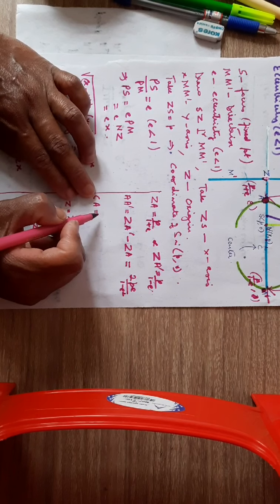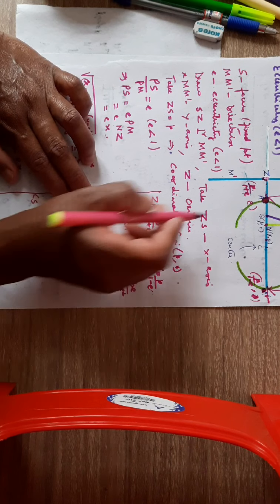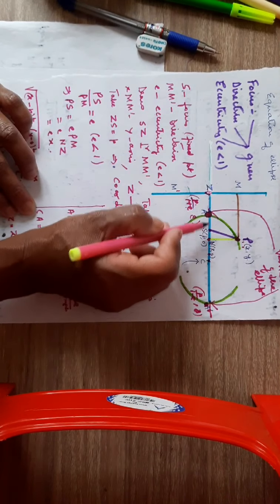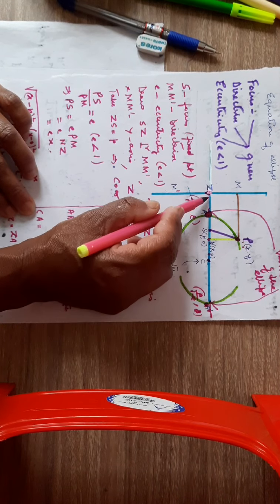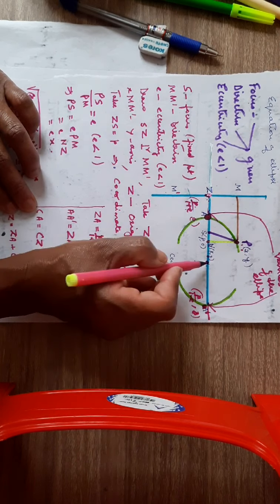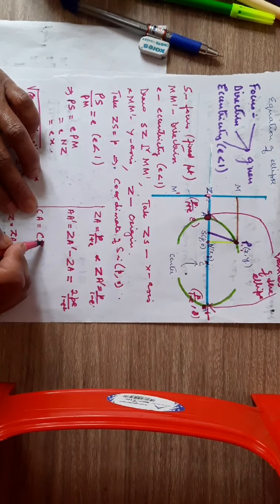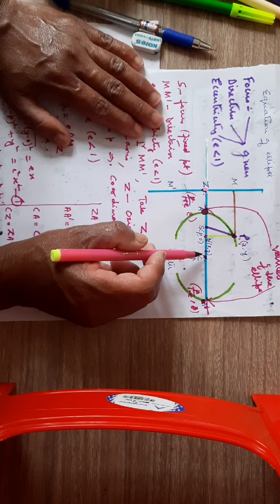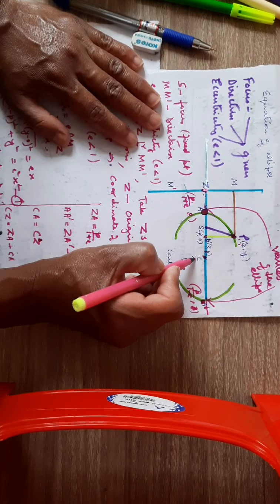Next, you calculate what is CA, that is this distance. First let me take C to be the center.